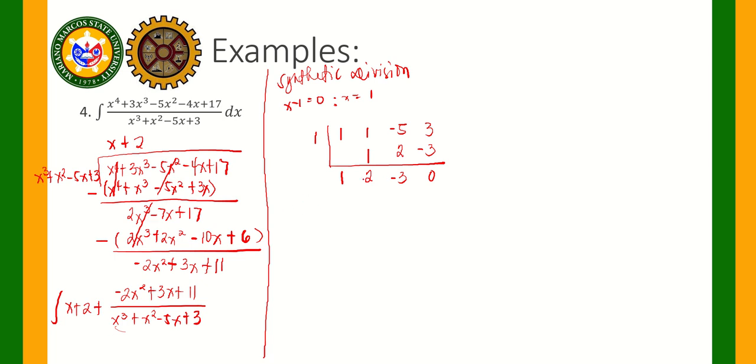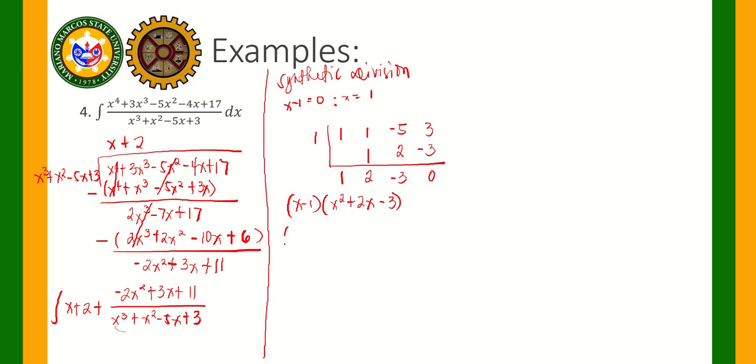And then what remains will be x minus 1 multiplied by this one. So, this will be the numerical coefficient of your x squared and then the numerical coefficient of your x, and this will be your constant. Okay? So, we have that one.